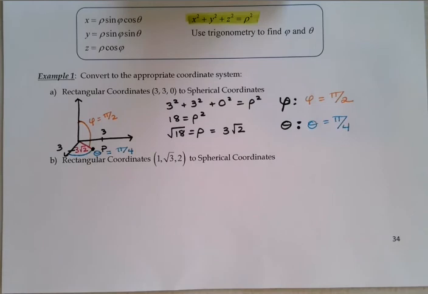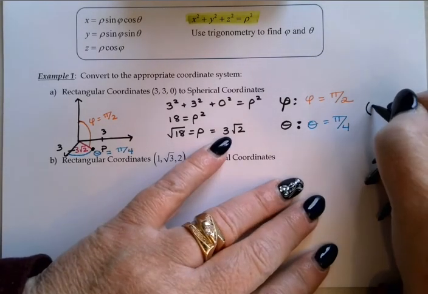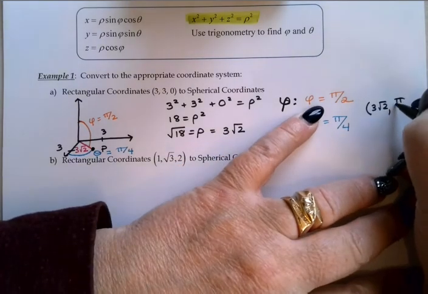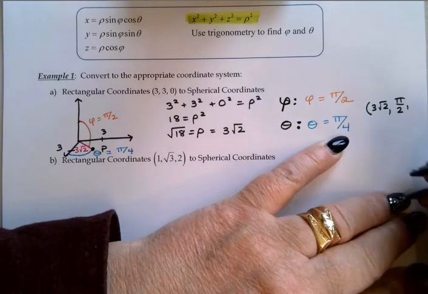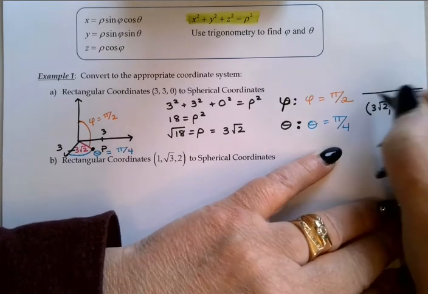So this was a particularly simple problem to start with. We could do a lot of our angles just by inspection. And I'm going to say that the point then is rho, 3 square root 2, phi, pi over 2, theta, pi over 4.